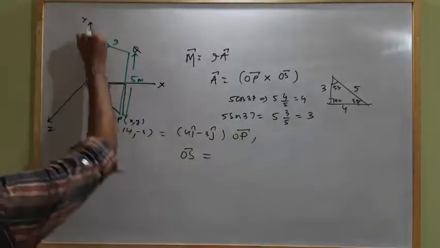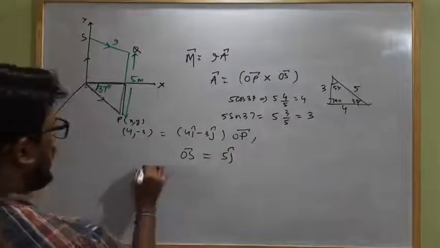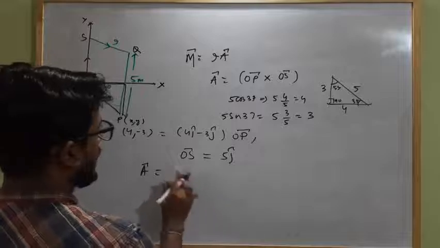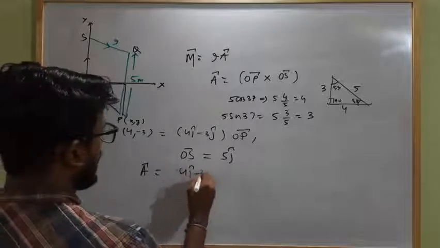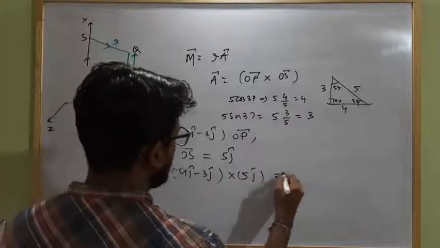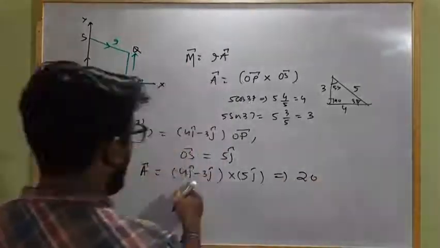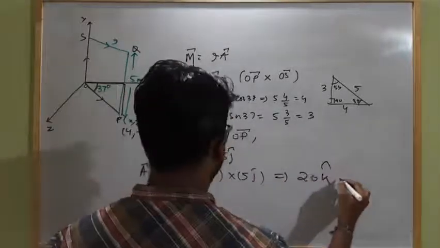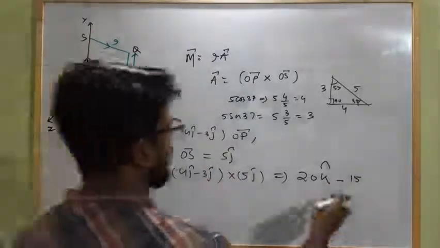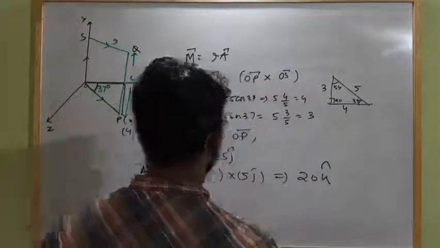And OS vector will be how much? This is along the Y axis and this length is 5, so it will be 5 j cap. So the A vector will be how much? 4 i cap minus 3 j cap cross 5 j cap. So 4 into 5 is 20, i cross j will be k cap, minus 3 into 5 is 15, j cross j will be 0. So you can write 20 k cap. Clear?